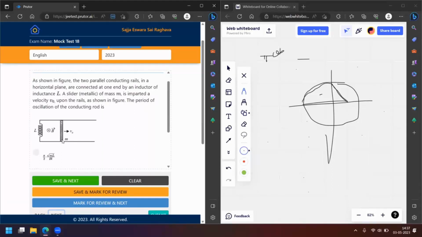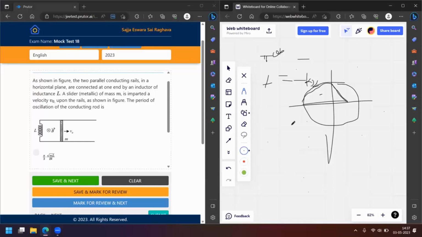If we move the rod to a distance of x, and we equate the force as F equal to minus Kx, we can find the period of oscillation.